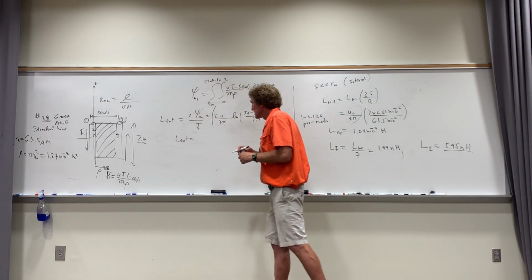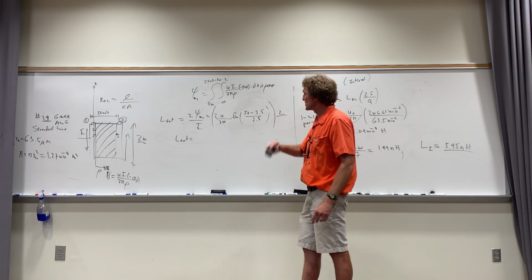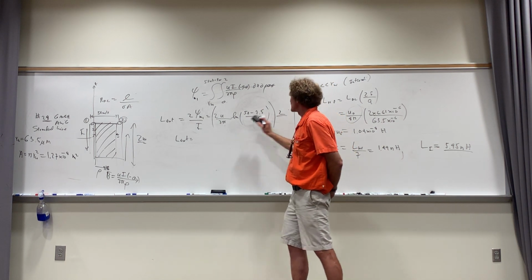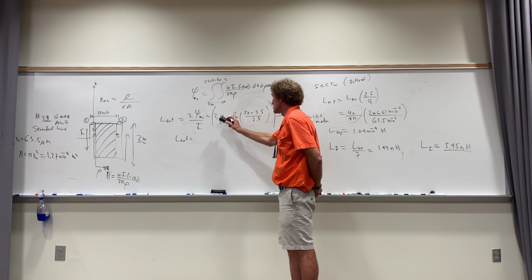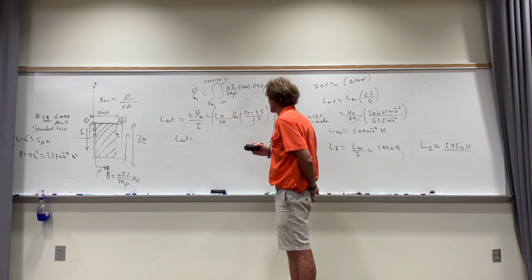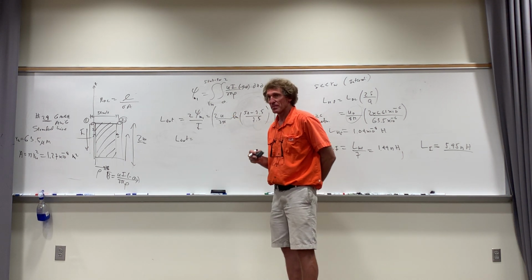See what you get: 2 times 2, divided by 2, is just 2 times mu over pi, natural log, or whatever that is. What do you get?